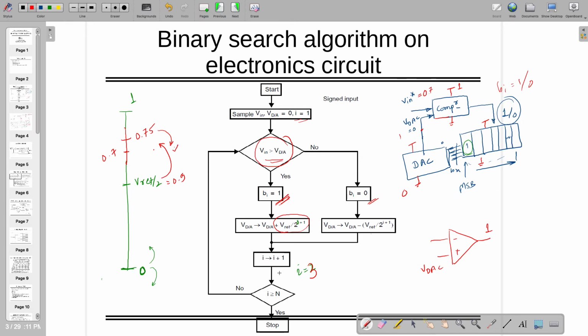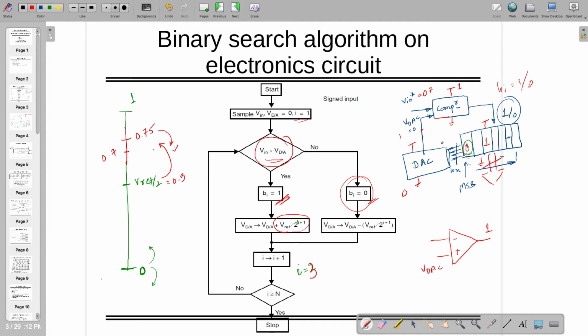At that time you should not change the bit. Earlier you were changing this bit to 0, but when you find that it's lower, then you have to keep that value 1, right? Whichever value is coming, accordingly you can follow the whole flow chart, and through the algorithm you can find out the values of the digital output, right?